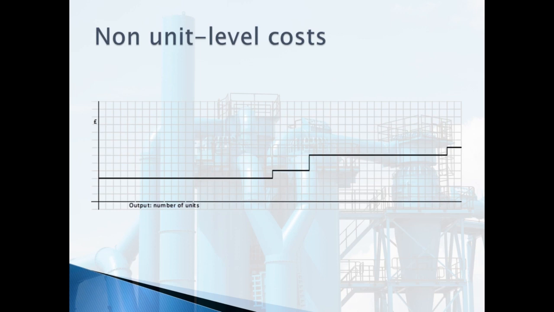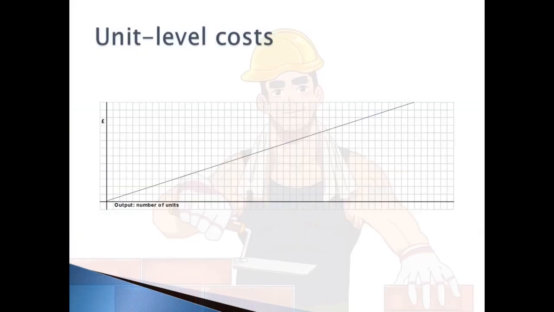Maybe you have to get an extra machine, and then after a while something else comes along. Perhaps you have to hire an extra supervisor, and then it stays level for a while. The unit level costs, however, are quite different, and they behave like this. Every extra unit you produce increases your cost by the same amount each time. At least we assume it's the same amount each time.